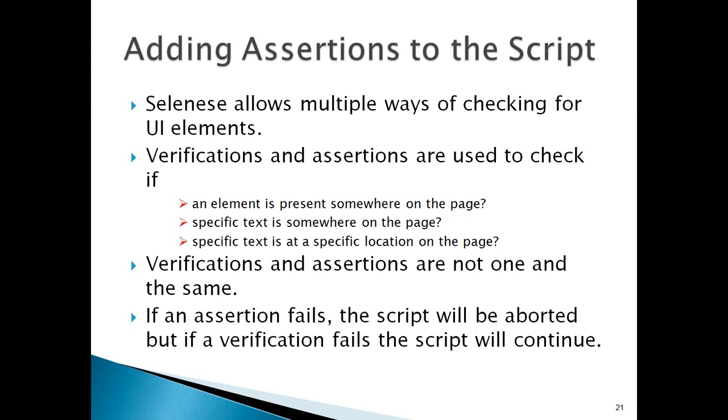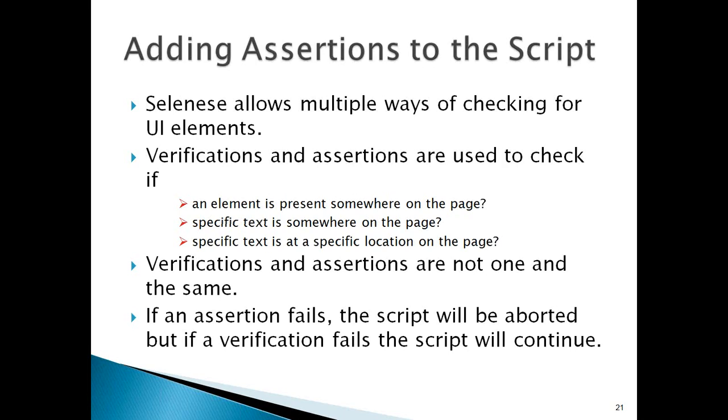Verification and assertion are not one and the same, because if I use an assertion and it fails, then my script execution will be aborted. But if I use a verification, then even though my script does not match the expected versus actual result, it will continue the execution. It will not halt or terminate the execution of my script. That is the very small difference between the two.